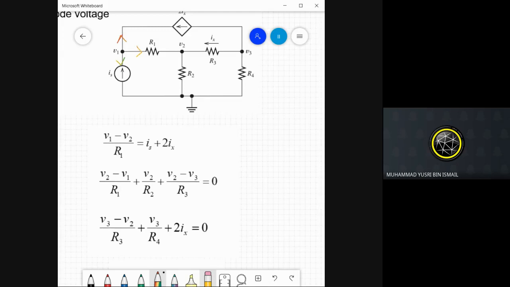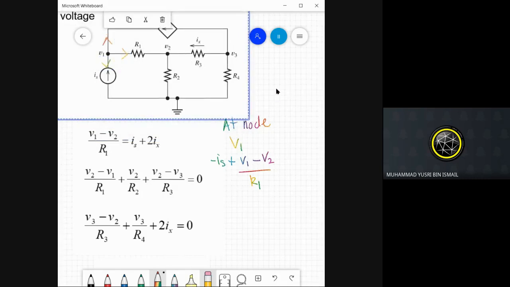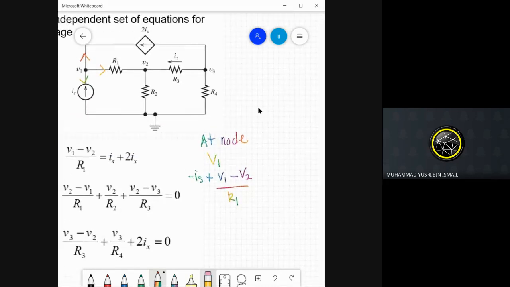Current at Is, so negative at node V1. So you will have a negative Is plus V1 minus V2 divided by R1. Then you also have another one which is plus 2Ix. Plus 2Ix equal to 0.